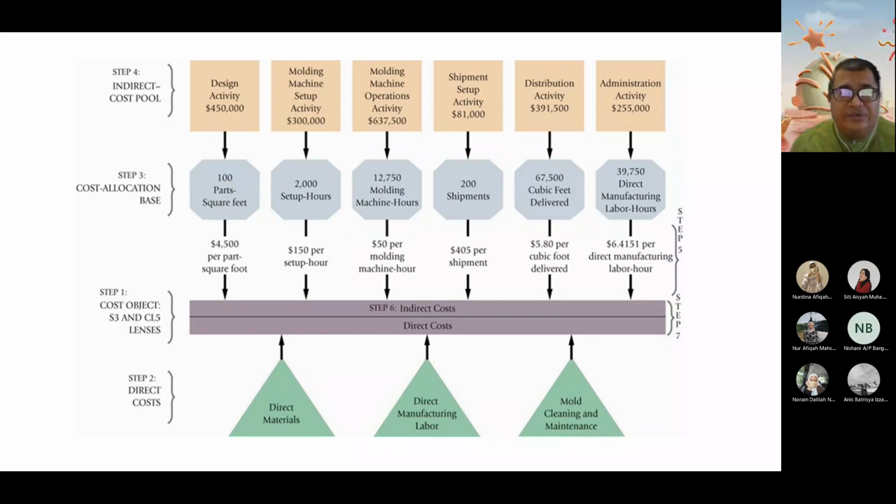And then quantity dia 100 parts square feet, 2k setup hours, 12.75k molding machine hours, 200 shipments, 67.5k cubic feet delivered, and 39.75k direct manufacturing labor hours. So dipecahkan 6 ya. Okay, ini yang kita namakan activity based costing, ABC, costing based on activity, based on department, based on process.